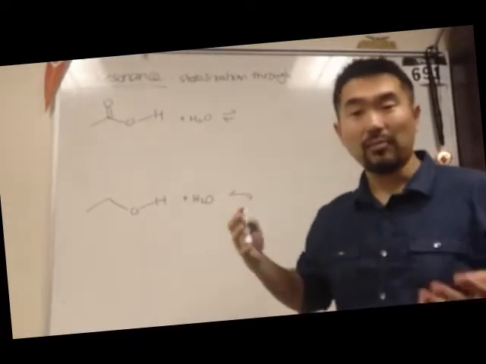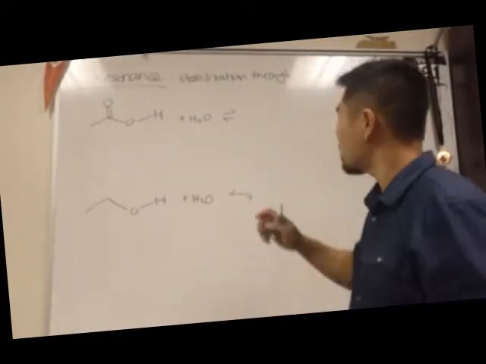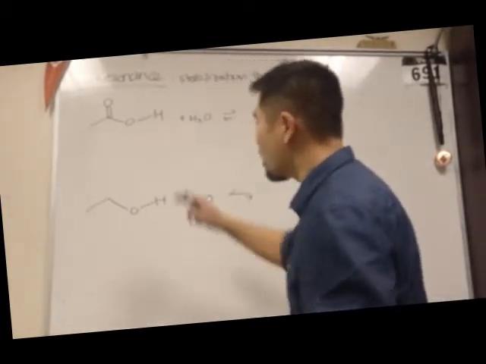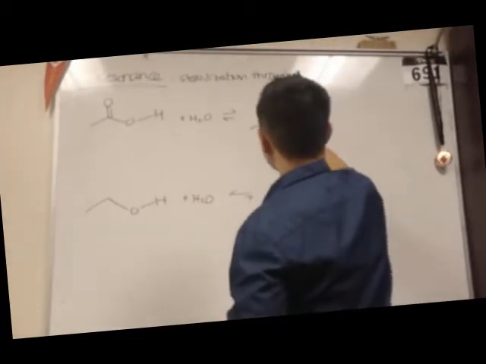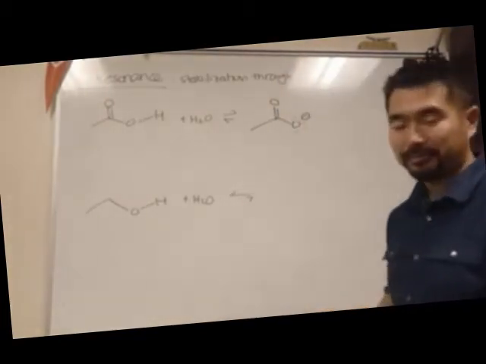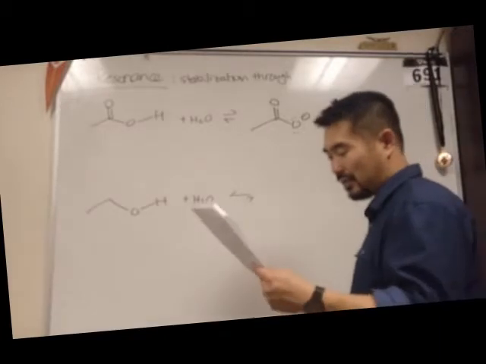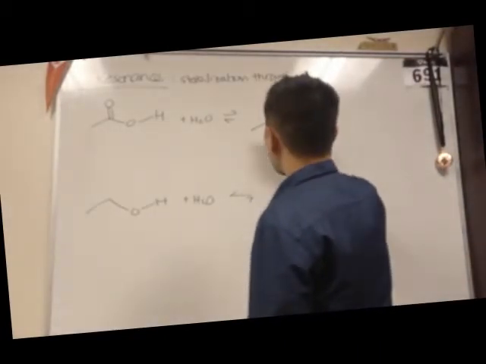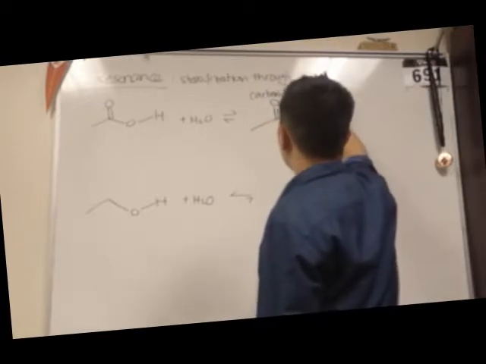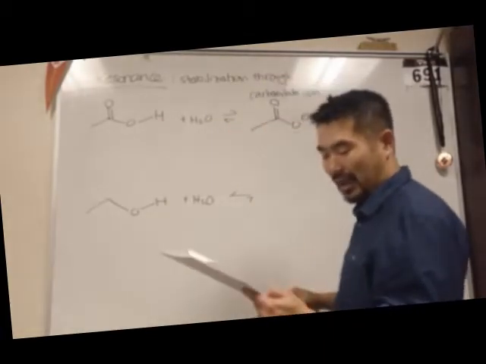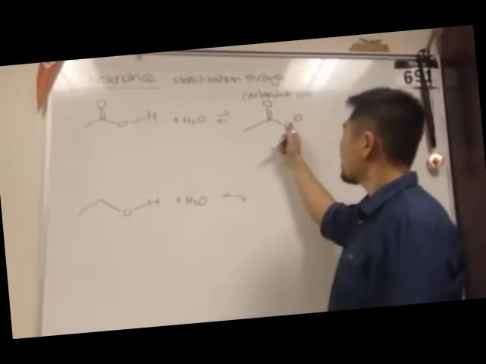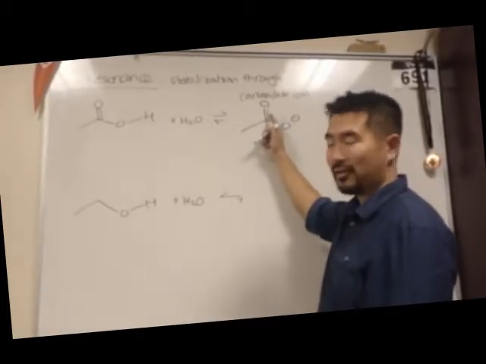Remember, to compare the relative acid strength, you always want to look at the conjugate bases. So let's draw the conjugate base of those acids first. Here's the conjugate base of the carboxylic acid. When it becomes a conjugate base, it's called a carboxylate ion. Now this does have resonance, because you've got a negative charge, a lone pair, next to a pi bond or double bond.